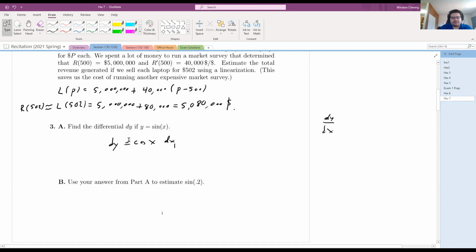When you read this thing though, it's not the same exact thing as saying dy/dx is equal to cosine of x. This is a statement more about how rates change.